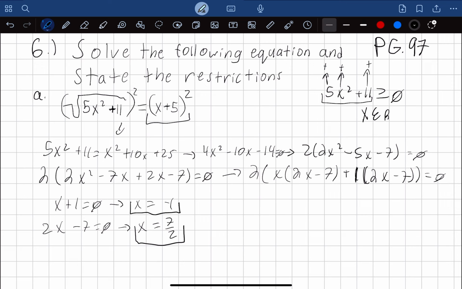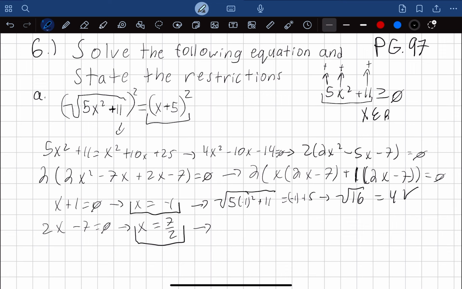As well, if you were to plug both of these values in, the square root of 5(-1) squared plus 11 is equal to x plus 5, or I should say -1 plus 5, you would end up with root 16 is equal to 4, which is true.